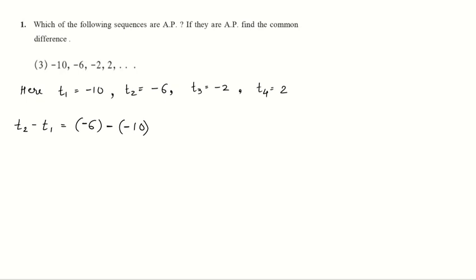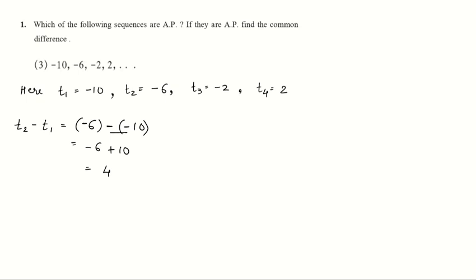T2 minus T1 will be minus 6, and this minus and minus will become plus. So what do we get? Plus into minus is minus. 10 minus 6 is 4, sign of the bigger number is plus 4. So T2 minus T1 is 4.